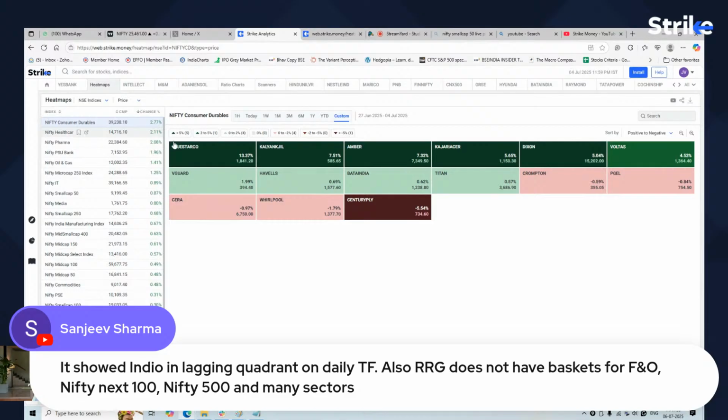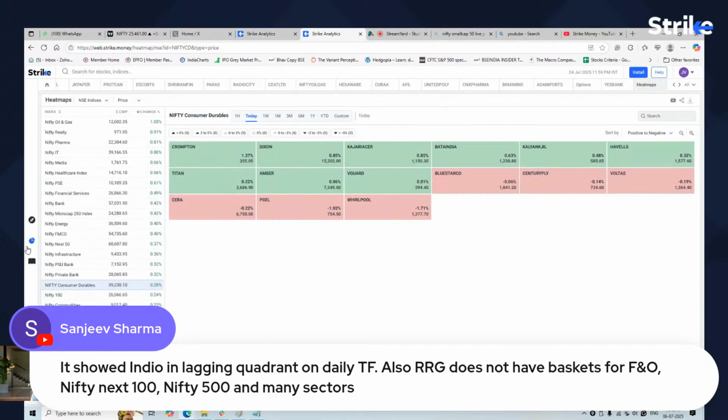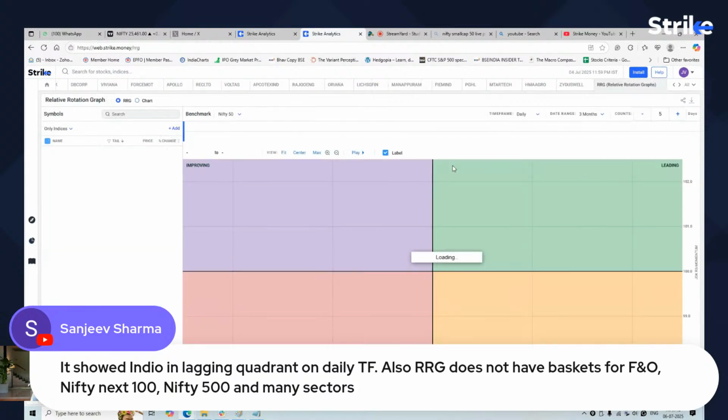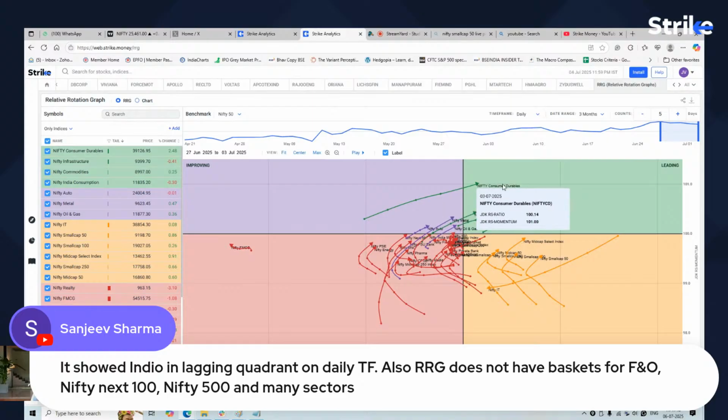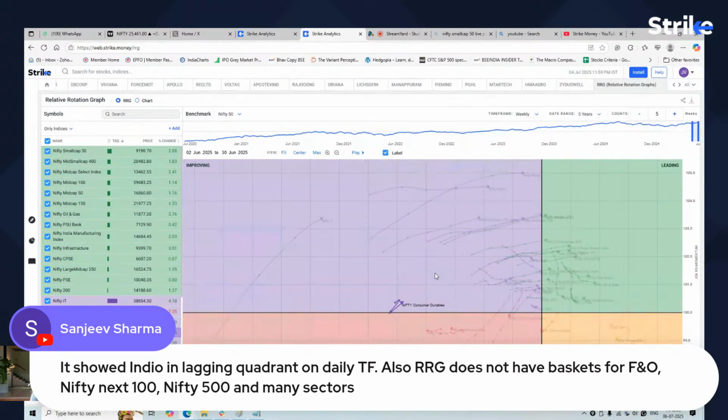You can see that consumer durable is the one which has outperformed meaningfully. When you go to RRG and look at the daily chart, you will see a very good move in this line, and it has moved to the leading quadrant as well. On the weekly, it is turning around. So it can be a good sign and maybe worth looking at.